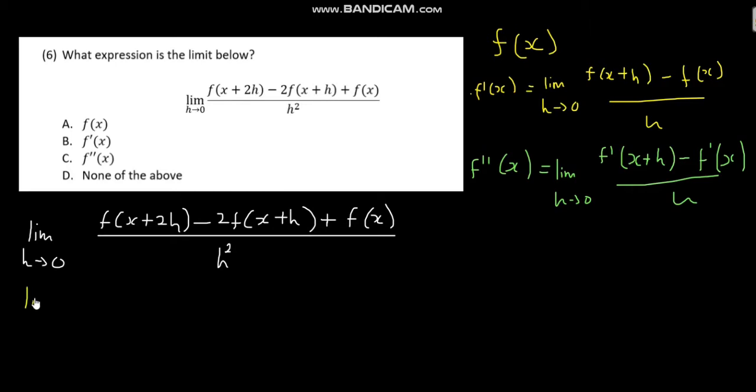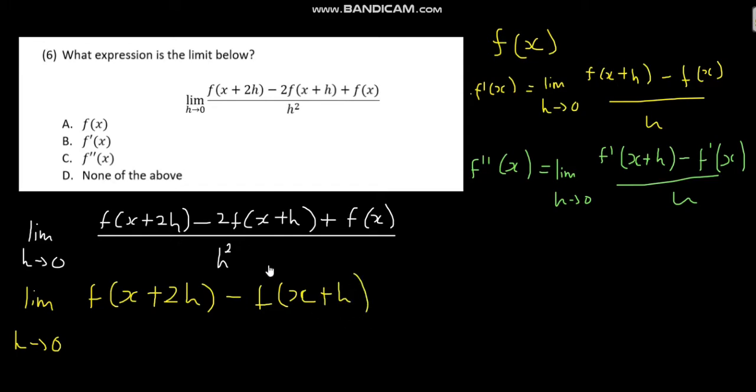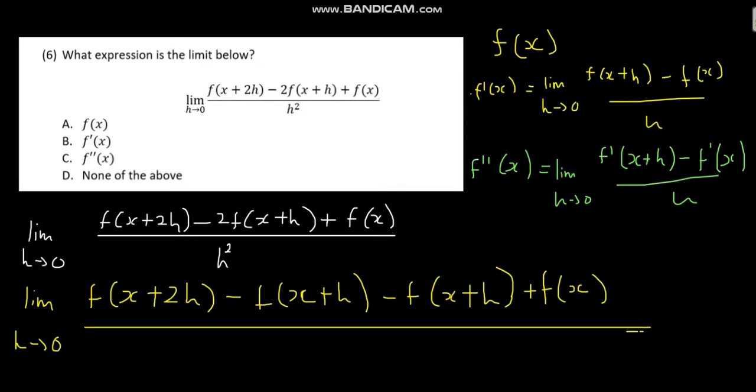This now becomes the limit as h approaches 0 of f of x plus 2h minus f of x plus h, and I've expanded this expression, so that will be minus f of x plus h again, plus f of x, all divided by h squared.